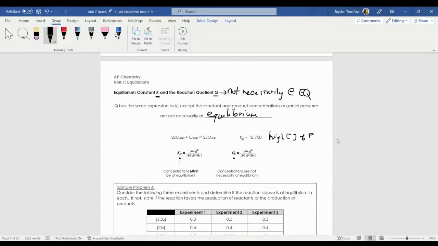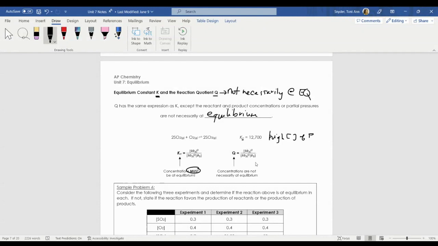My expression for the value of Kc would be equal to my concentration of SO3 raised to the second power over my concentration of SO2 raised to the second power times my concentration of O2 raised to the first power. But notice your concentrations must be at equilibrium in this case.